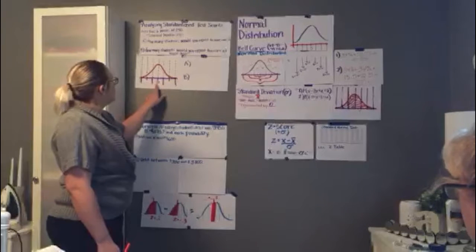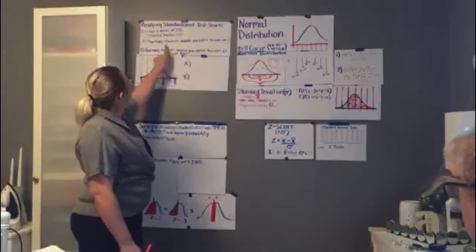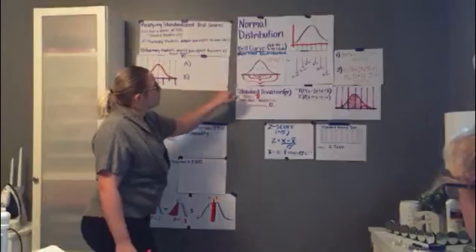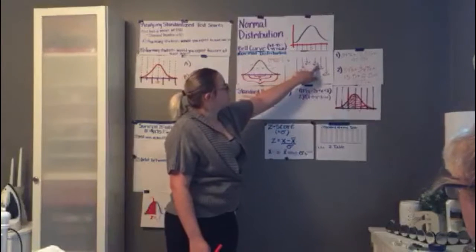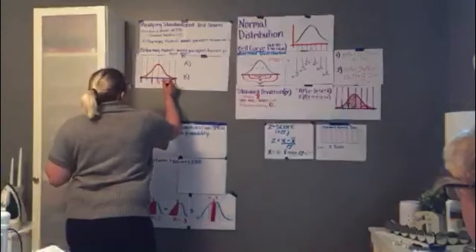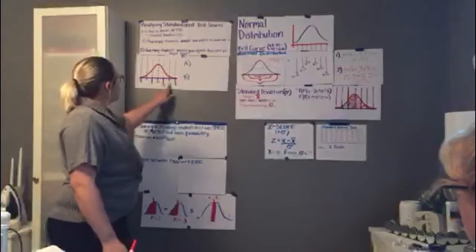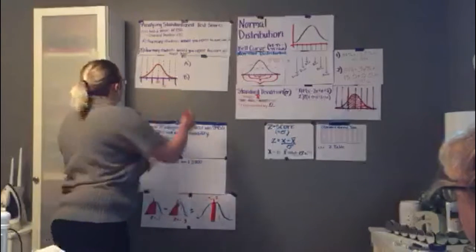So it would be 250 plus 50, because that's our standard deviation, and we're referring back to here, our average plus 1 standard deviation. 300, okay. And what would be plus 2 standard deviations? 350.